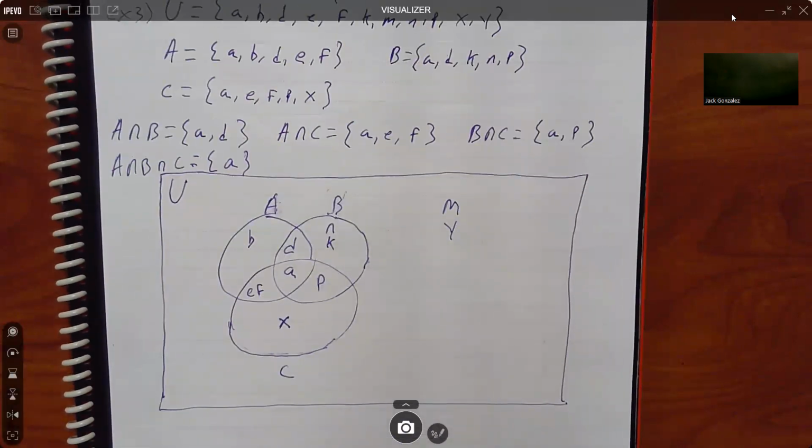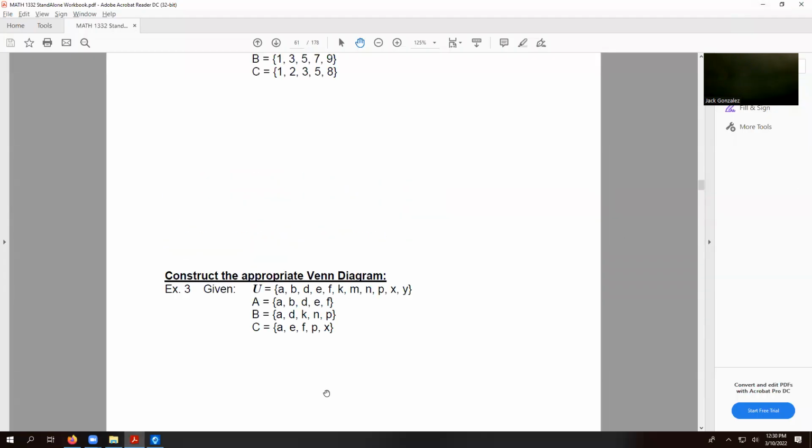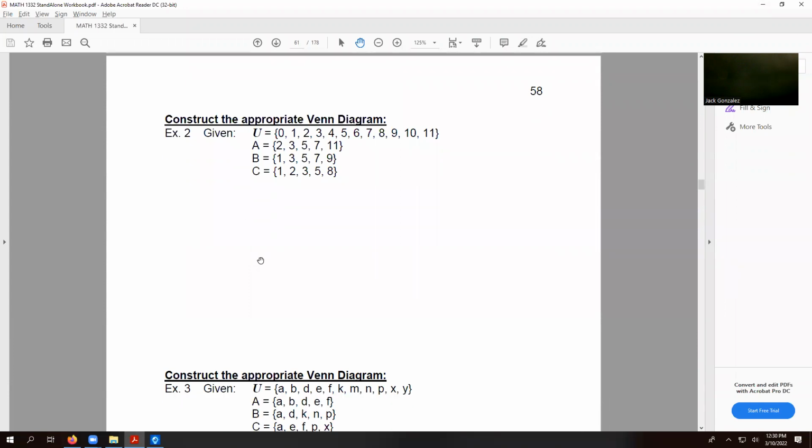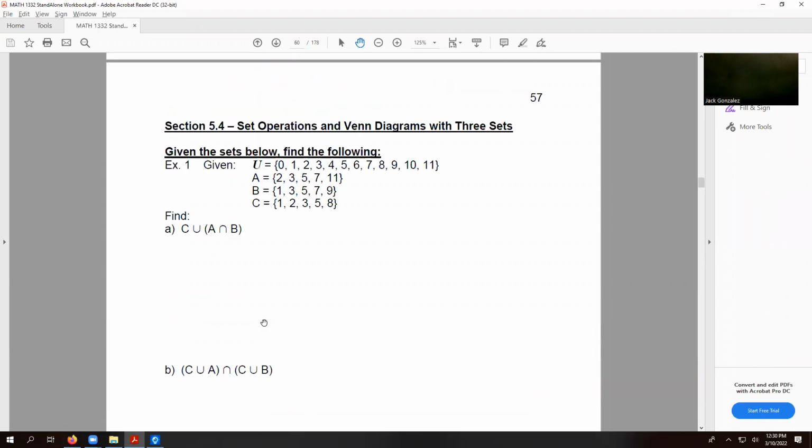Yeah. So this question here, 2 and 3, they want you to create the circles and put the stuff in the right spots. Over here, we found the intersections without drawing the sets.